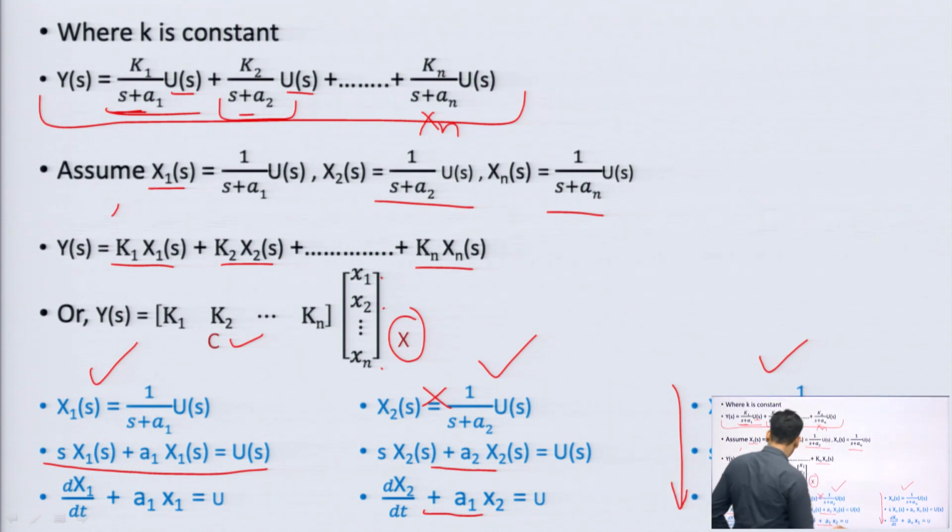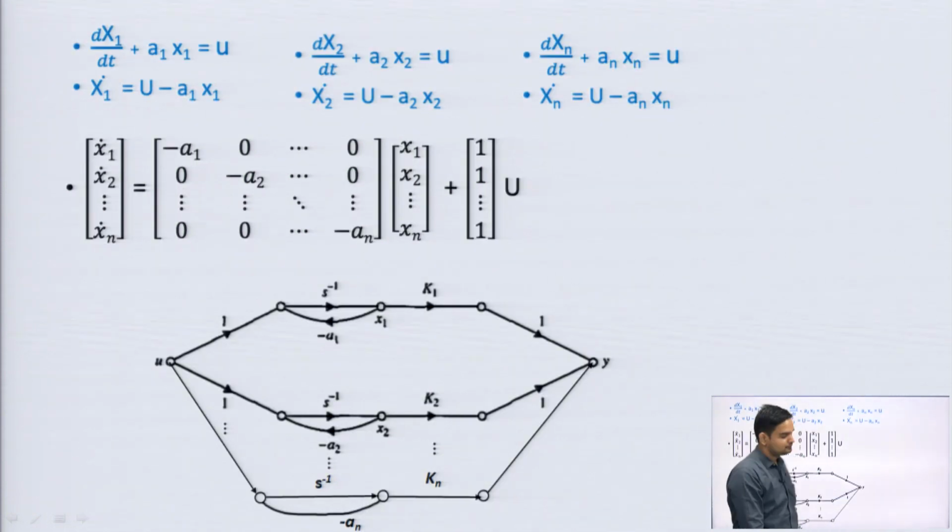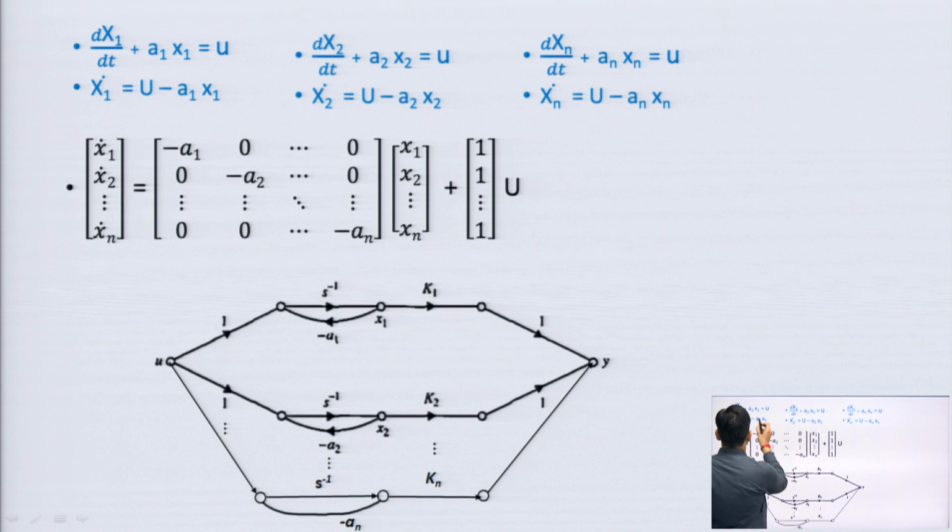Now, we need to draw the SFG for it. So, what will be the SFG? We will see here. For the first case, this is dx1/dt plus a1 x1. So, I will assume x1 dot equals u minus a1 x1. Here x1 dot is my state derivative, u is the input and x1 is my first state variable.